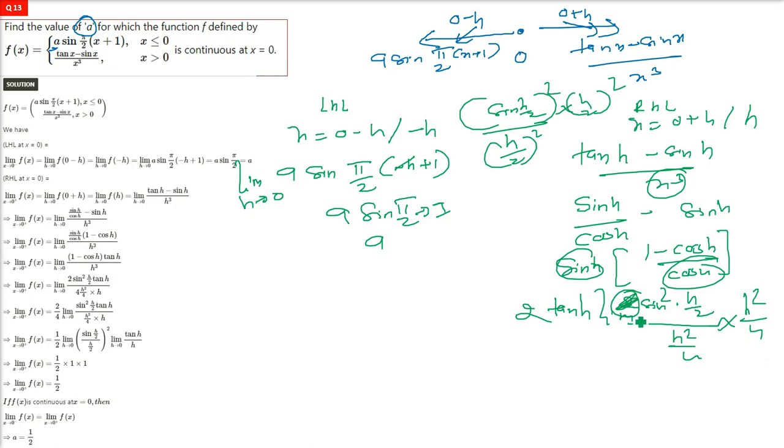Now let us apply limit here and limit on tan h also. Because tan h by h is simply what? It's 1. We know sin theta by theta is 1. So you can just replace it, sin h by 2 and h by 2 whole square. Now you have 2 tan h and this is h square by 4.